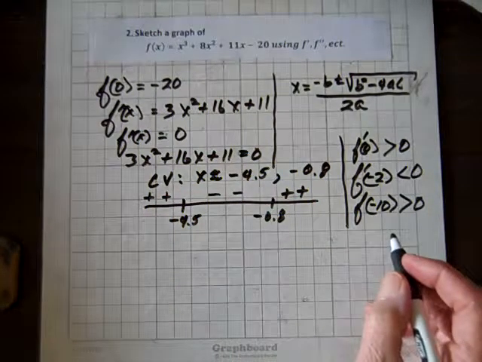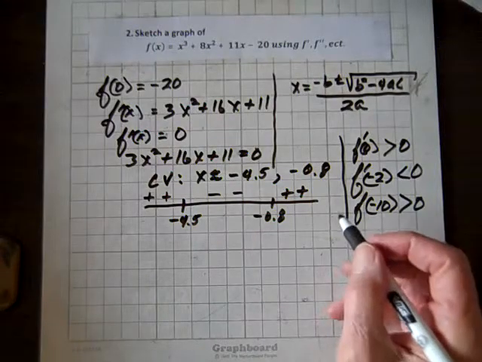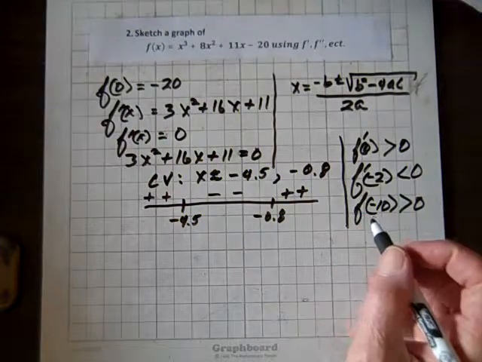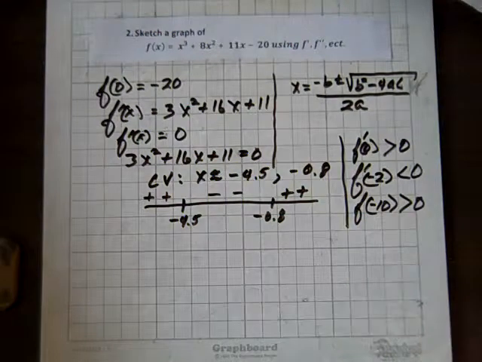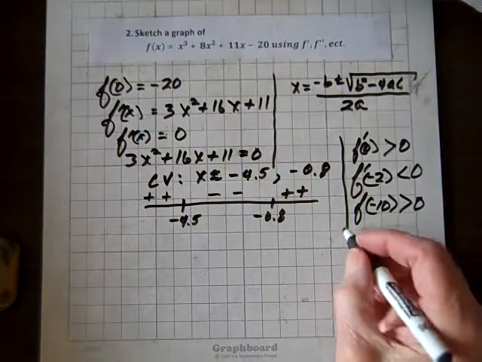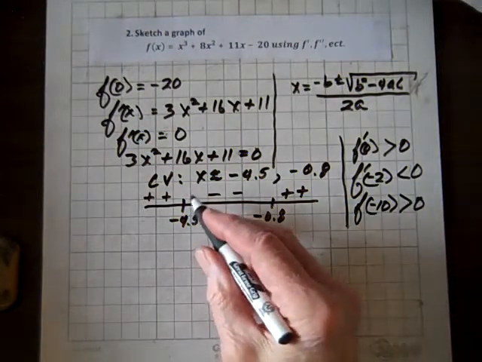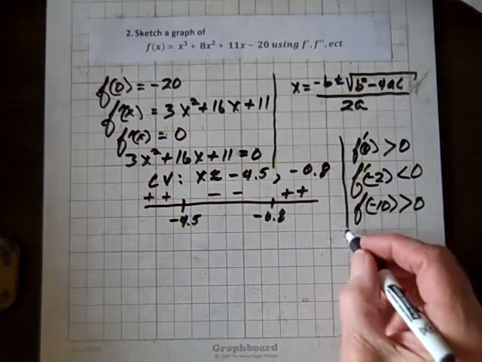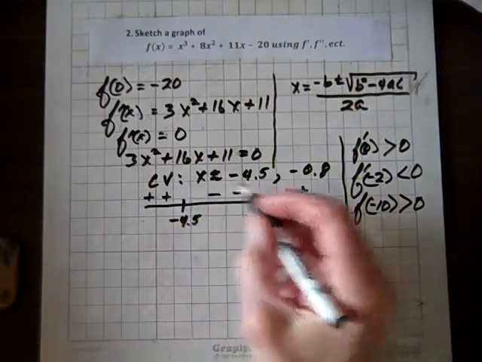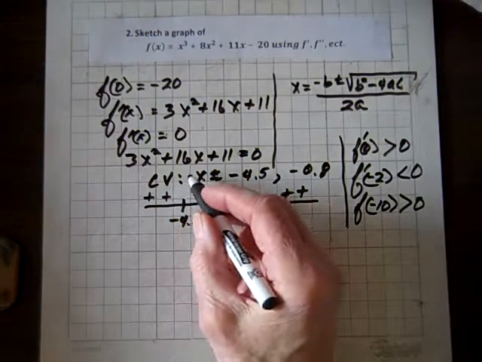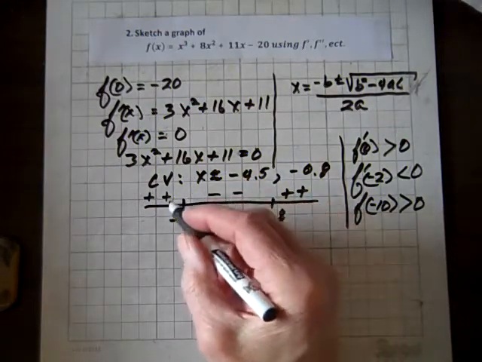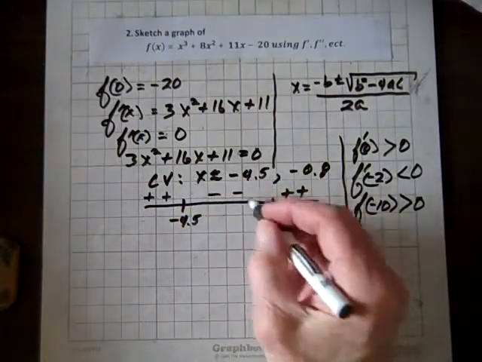So we know what's going on there. By the way, there's going to be a max here and a min here because the slope is climbing up and then climbing down.